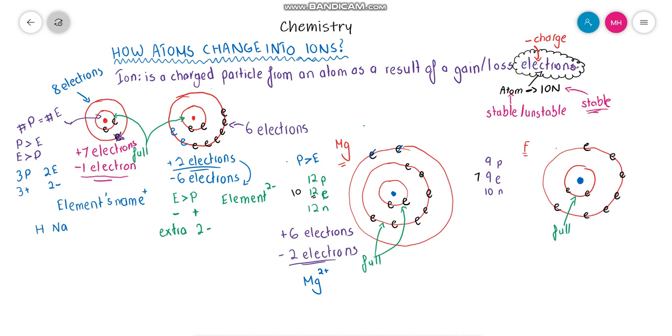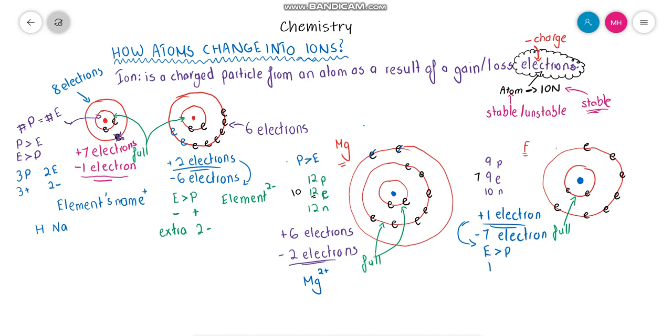Now again you can see this shell is full, it can't take in any more electrons. It's this shell that needs to become stable. This shell can take in 8 electrons, this one can take in 2, that's why this one is full. So in this case it can gain 1 electron or lose 7 electrons. It will gain 1 electron, which is the easier choice. When it does, there are more electrons than protons.